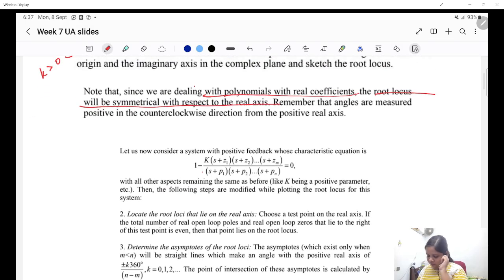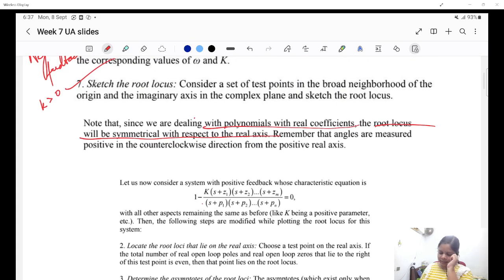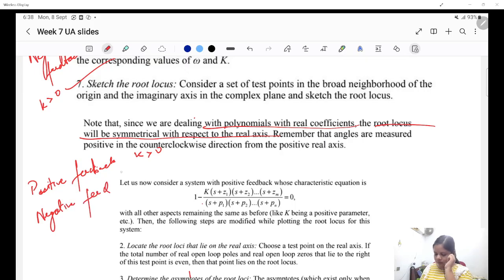But what would happen if there are other cases? Let's say there is a case of a positive feedback system and k greater than 0, or there is a case of a negative feedback system but k is less than 0. So for these two cases, we follow a different procedure.